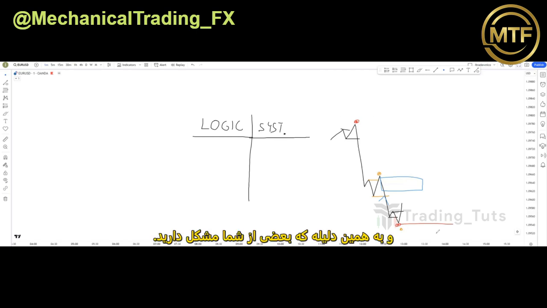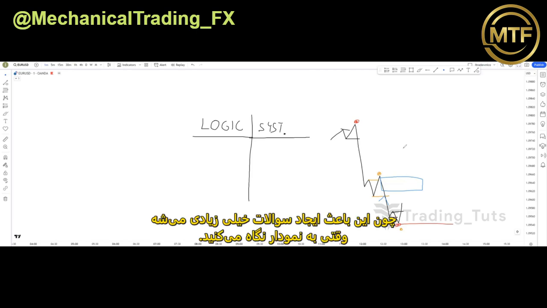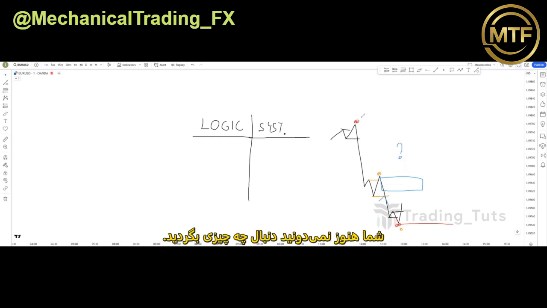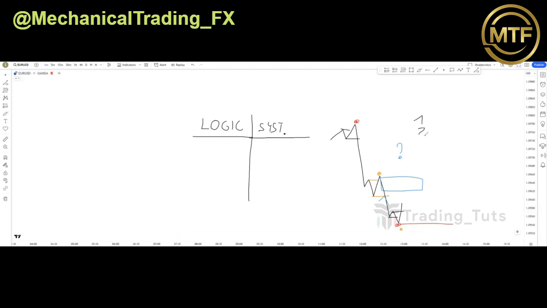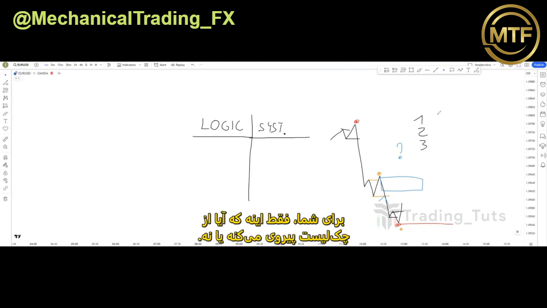And that's why some of you are struggling managing the strategy, because this opens way too many questions when you look at the chart. You don't know yet what to look for, because this may be a trap, this might not be a trap. You see, overthinking, over-questioning, in other words. But once you put this down on a simple checklist, for you it's just: does it follow the checklist or does it not?